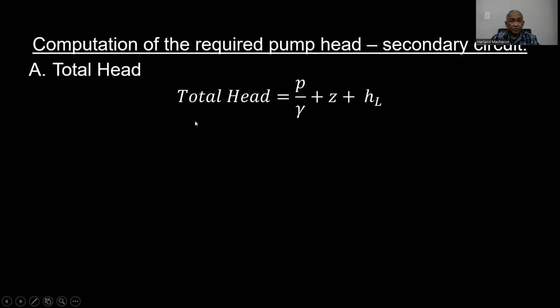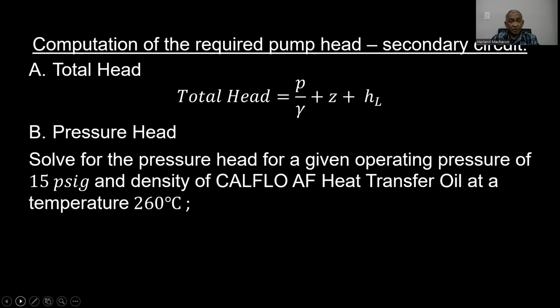Total head will be equal to the pressure head plus elevation head plus the head loss. So for pressure head, we solve for a given operating pressure of 15 pounds per square inch and a density of CalFlow AFP transfer oil at a temperature of 260 degrees Celsius equal to 44.7 pounds per cubic feet.